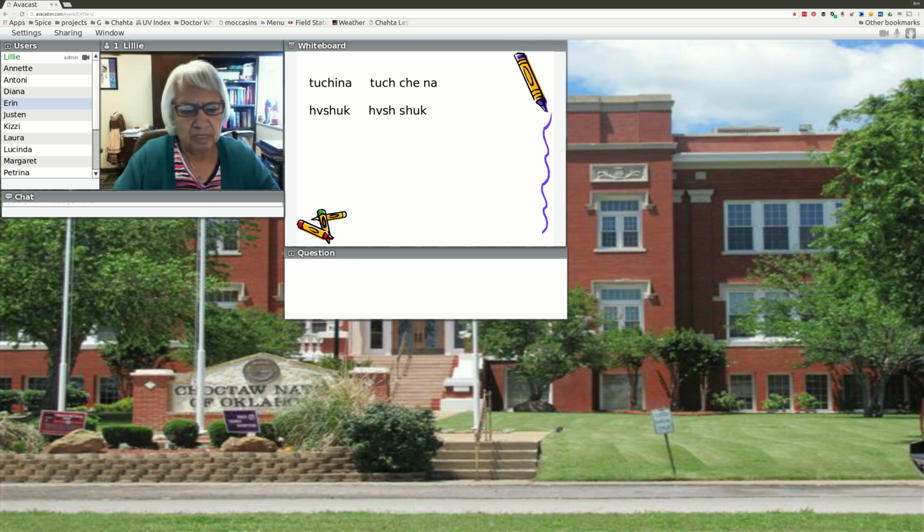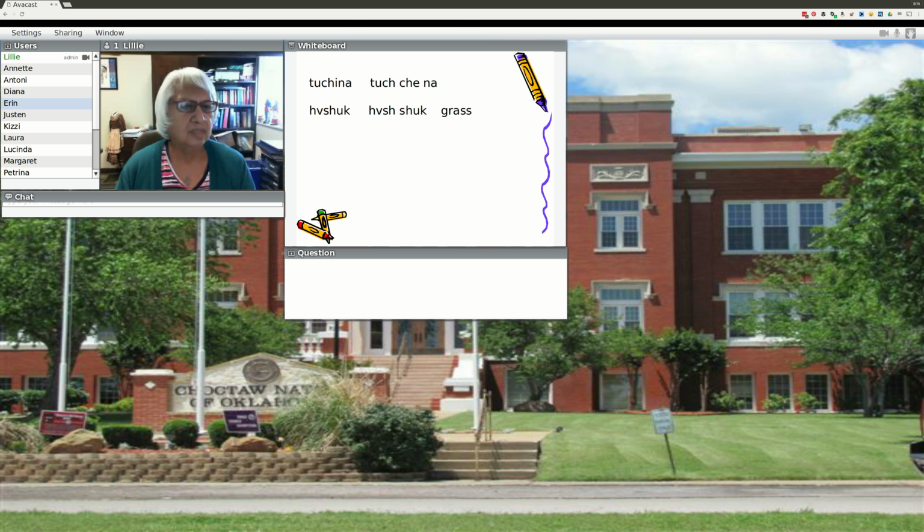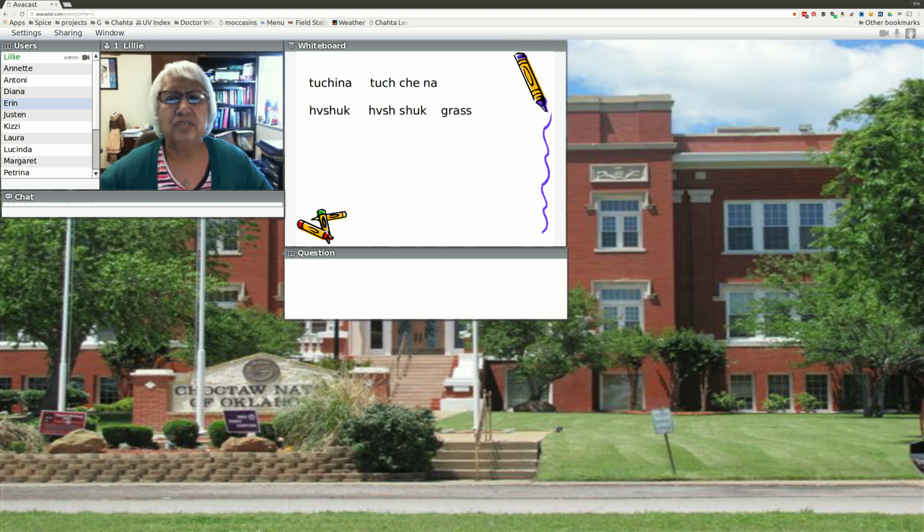So if you're writing these words, always write the double digraph as a pronunciation guide. That will help you know how to pronounce this word when you see it again. Again, we write it with one SH. Pronunciation has two. Hashuk.